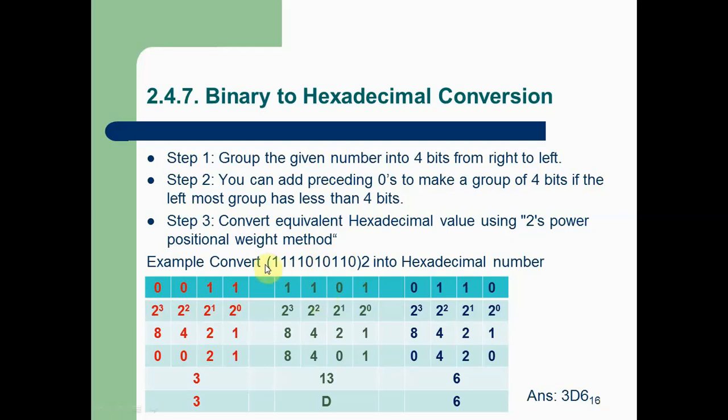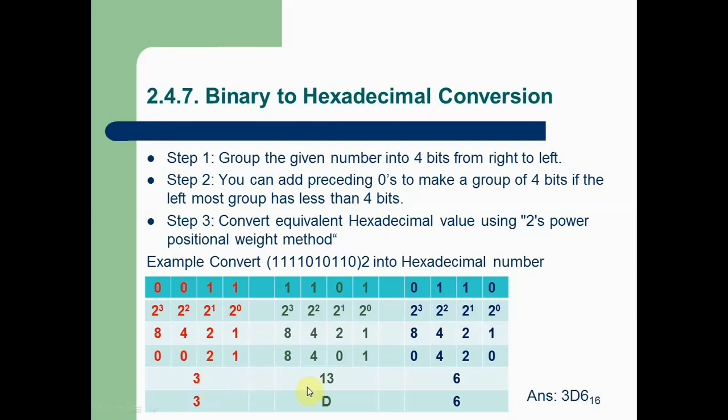When you reach the last group, if there is any shortfall in the number of bits, add zeros at the left side. Then find the sum of 2's power notation for each group, converting each group into decimal.